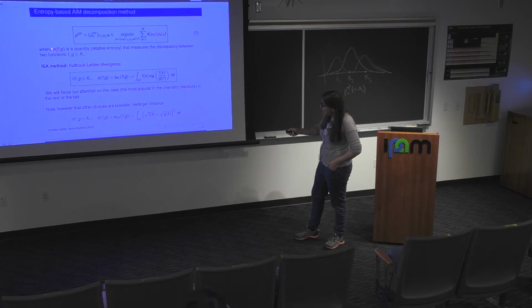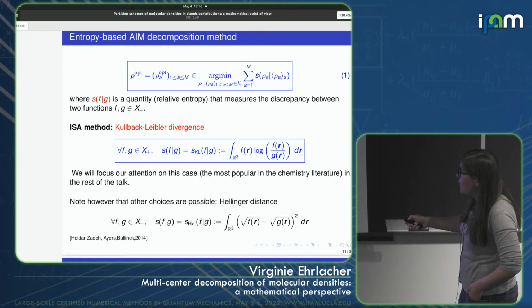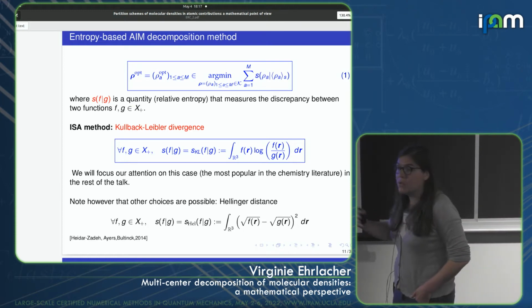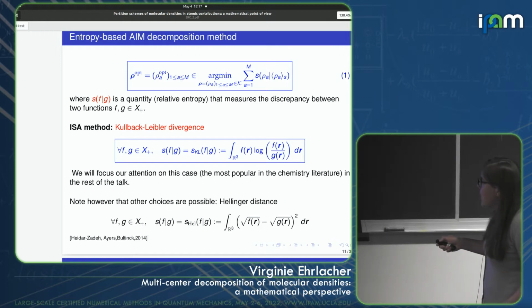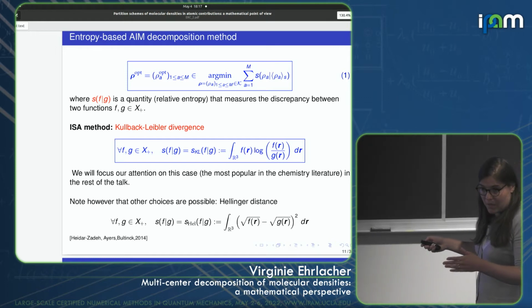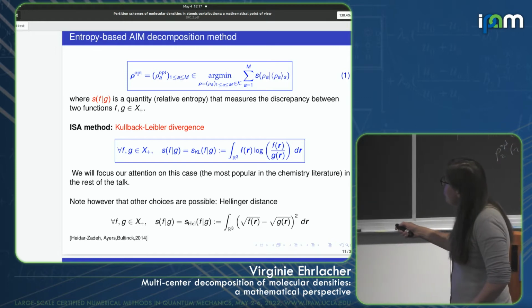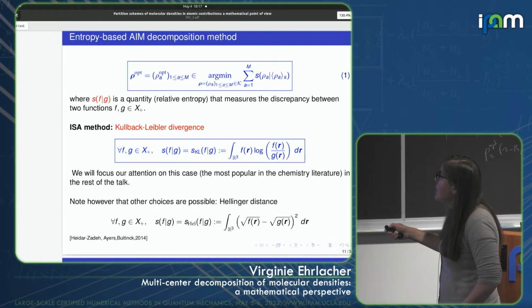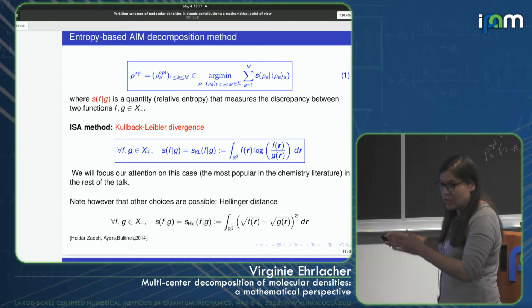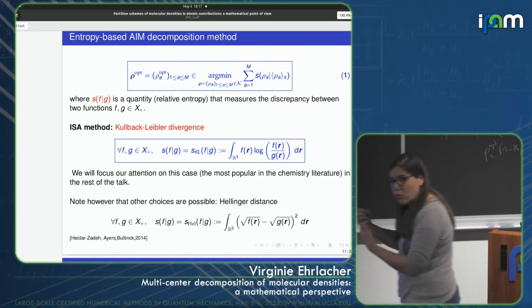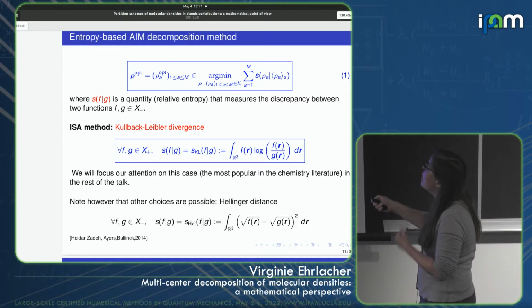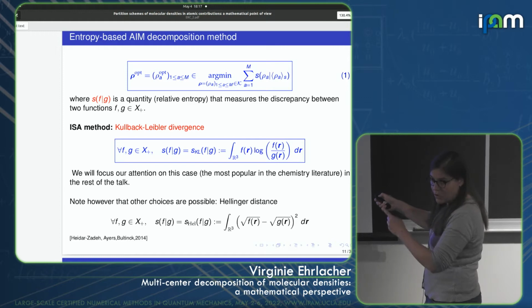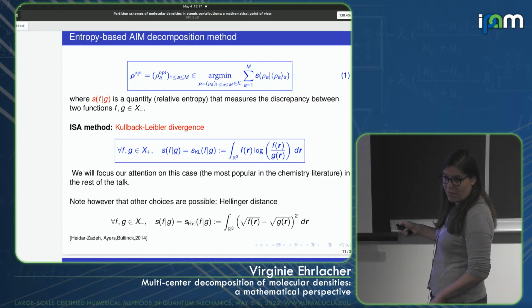And what is S here? S of f with respect to g is a quantity, which is usually some kind of relative entropy, which measures the discrepancy between two functions f and g in X plus. If you want to minimize this, you somehow, depending on the choice of S, enforce that the rho A have to be close to their spherical averages.